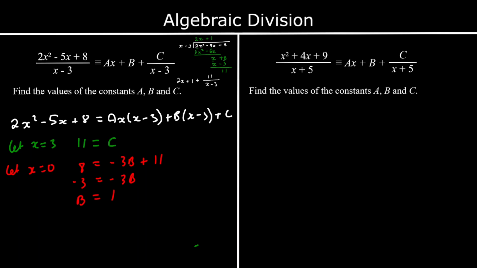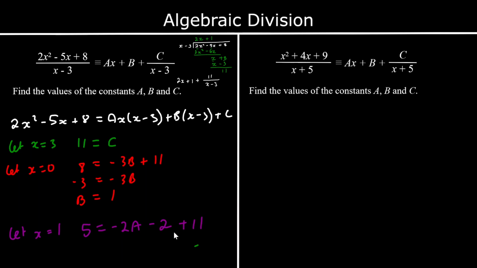And now we know b and c. We can pick something else. We can say let x equal 1. So I have 2 minus 5 plus 8, which is 5. And that will be equal to a times 1 times negative 2. So negative 2a. And we'll have minus 2b, which is minus 2, plus c, which is 11.